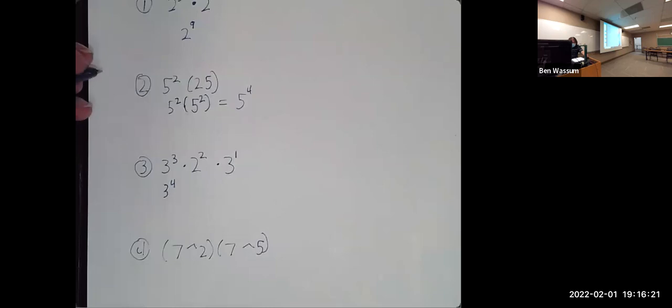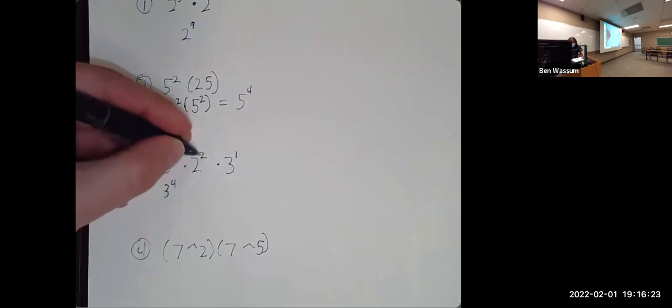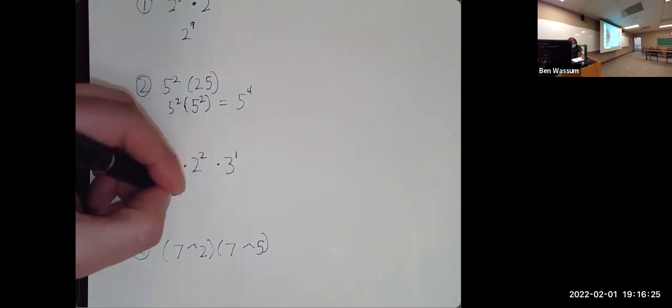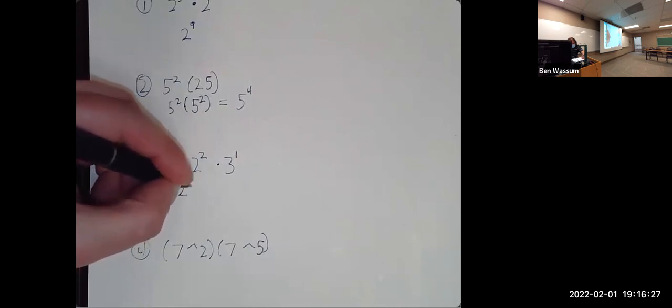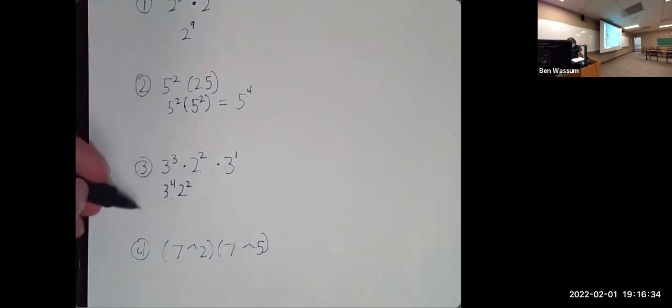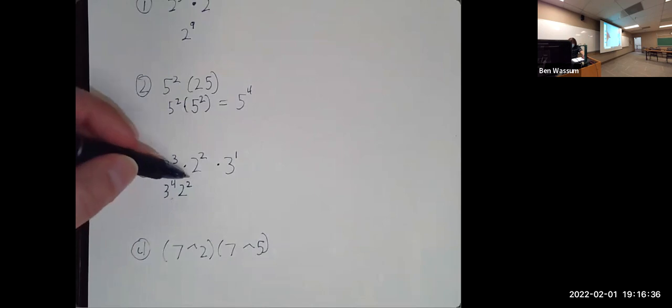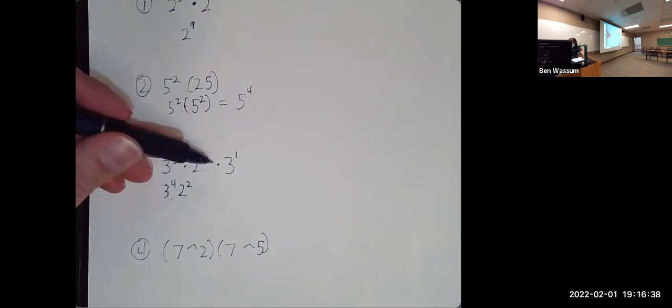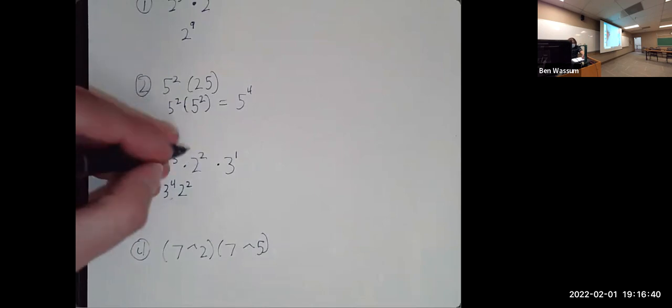So we got 3 to the 4th. We didn't mess with the 2 at all, right? So that would just be 2 squared. Now, when it comes to leaving things in exponential form, notice that I've kind of interchangeably bounced between having a multiplication symbol in between and not.